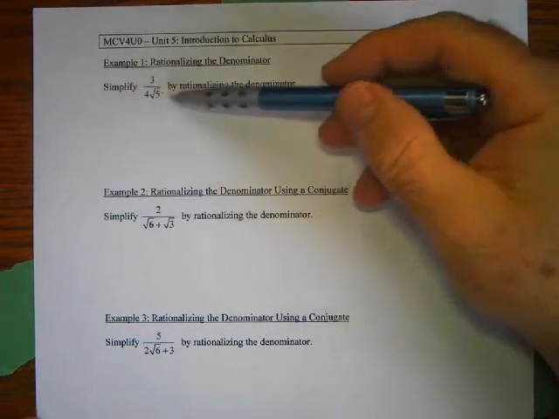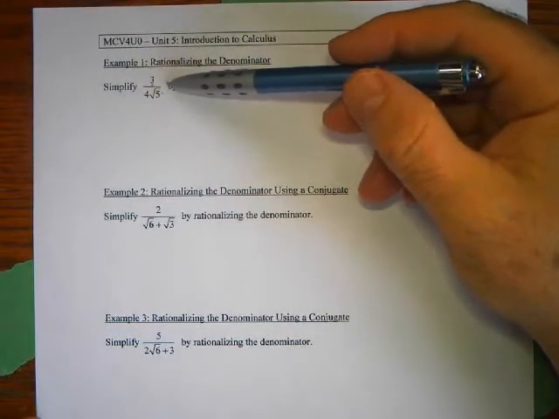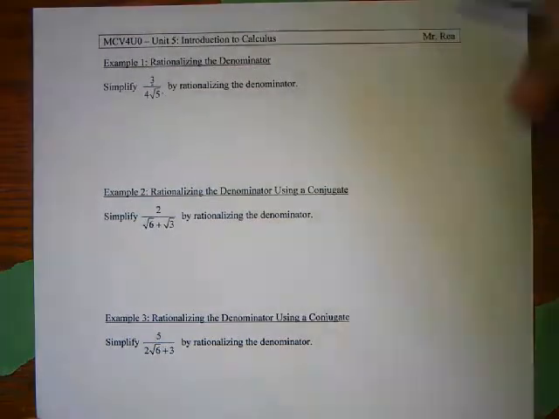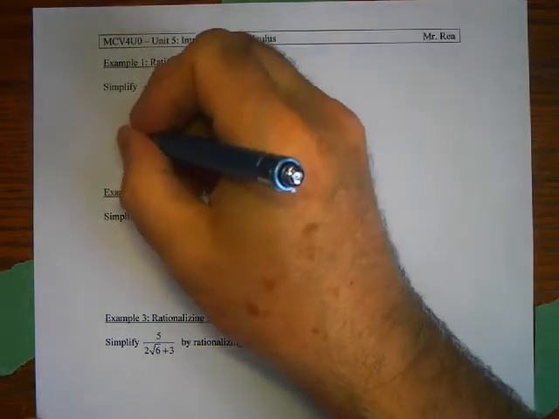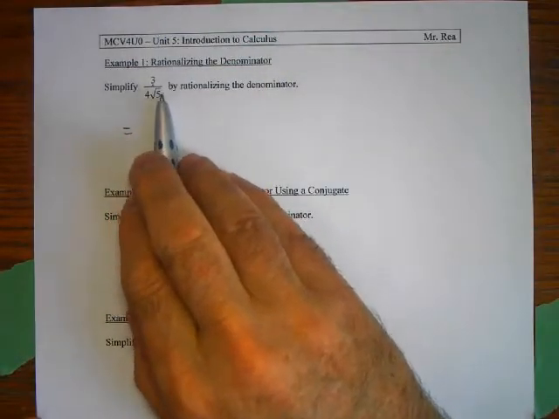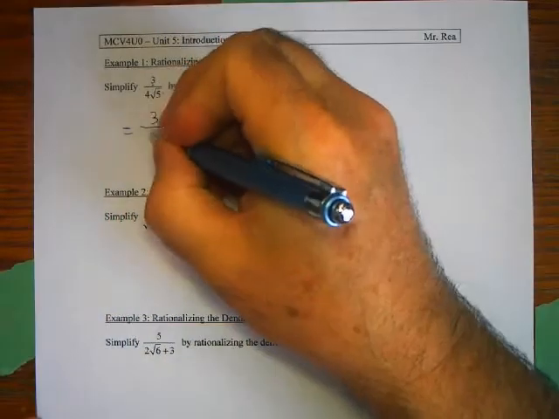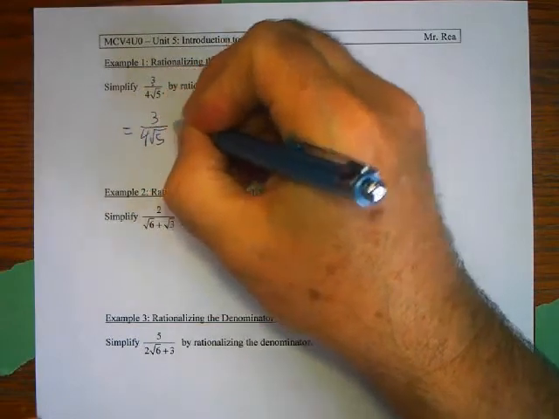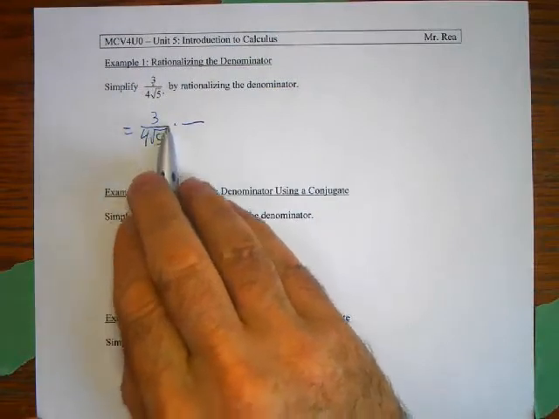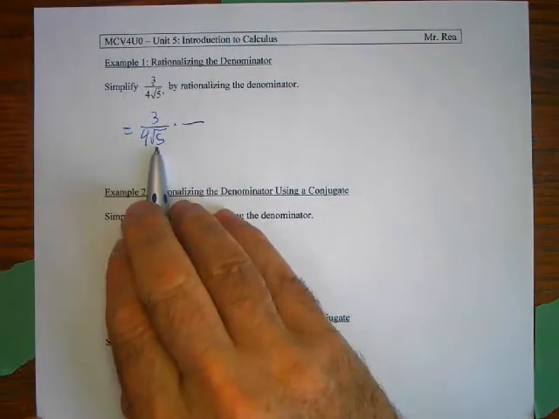In other words, we make the equivalent rational expression that doesn't have a radical on the bottom. So for example, when we say simplify this by rationalizing the denominator, this is fairly straightforward. We're going to multiply by basically 1, so what do we need to multiply this by to get rid of the root?